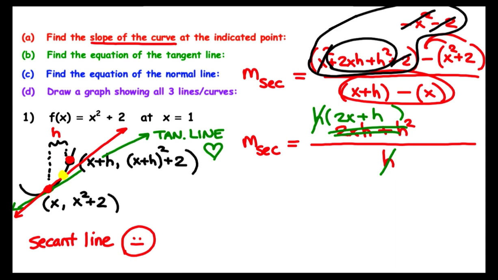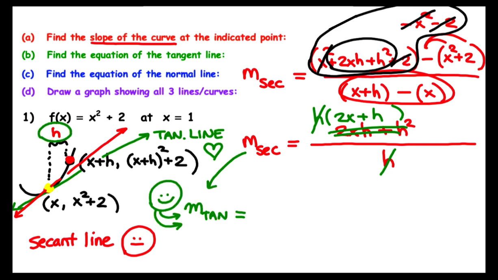And if you could make that yellow dot get all the way to the other red point, so that h was 0, the secant line would wibble, wobble, and swivel until it would become the tan line. Oh my gosh. And so to make that magical transition between secant and tangent slopes, all I have to do is shrink this h down to 0.